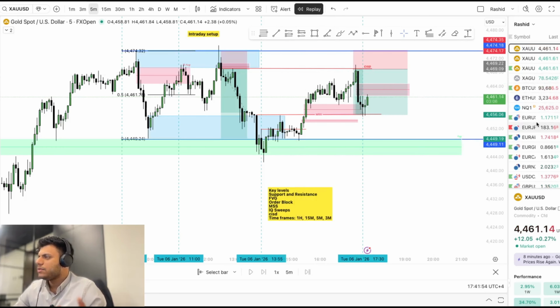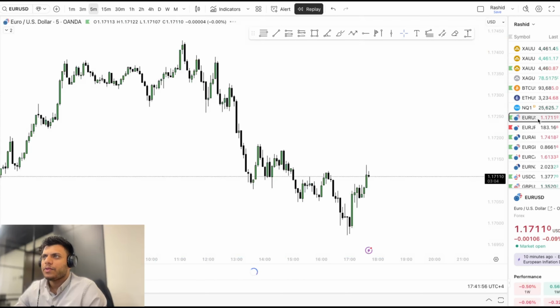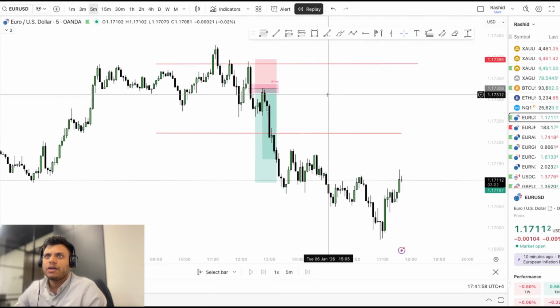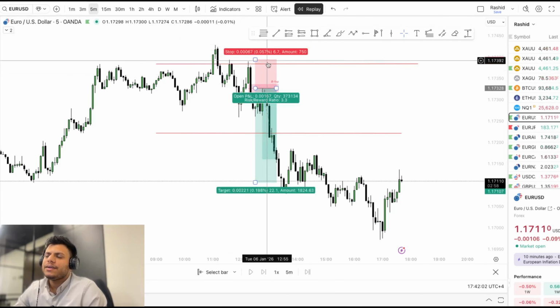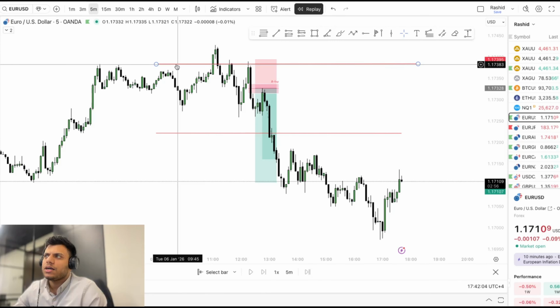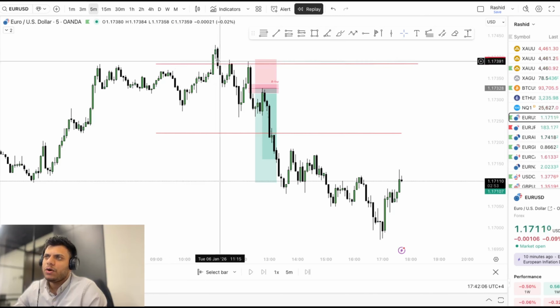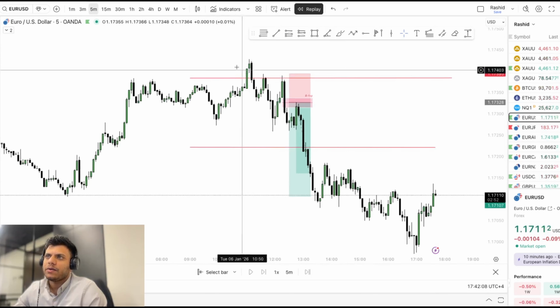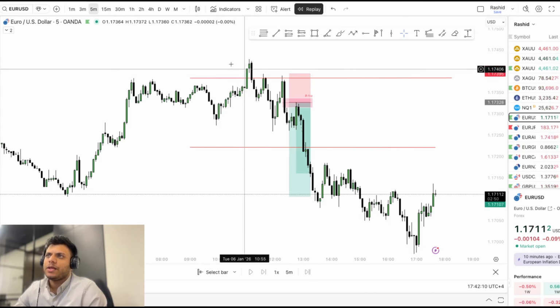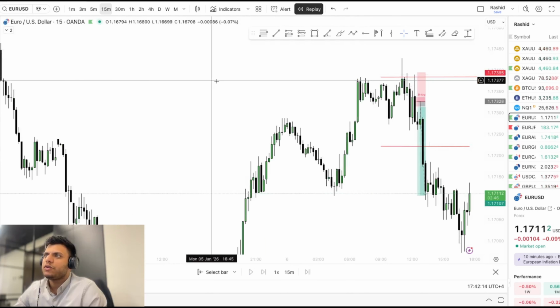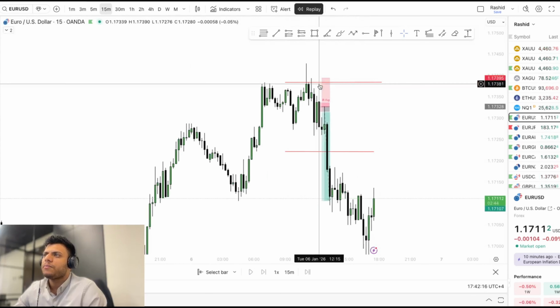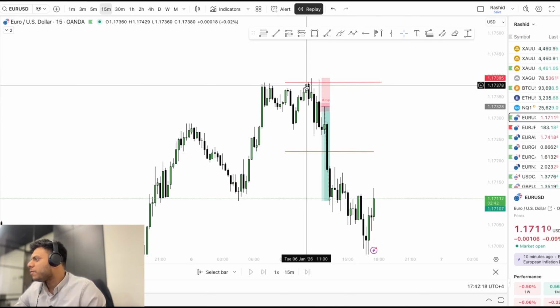And here, this is an example of gold. I have taken one trade in euro also, same as it is. Here you will see a pure closed candle. The difference is that this is in the 5 minutes, but if you see the 15 minutes, it closed below.